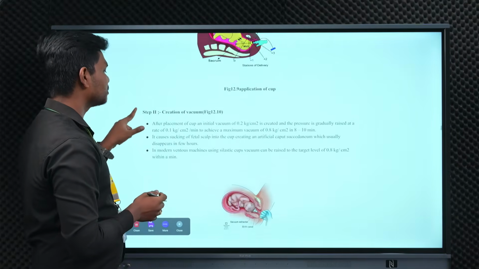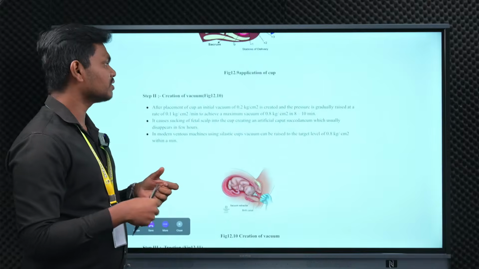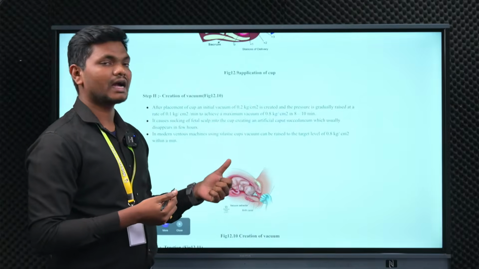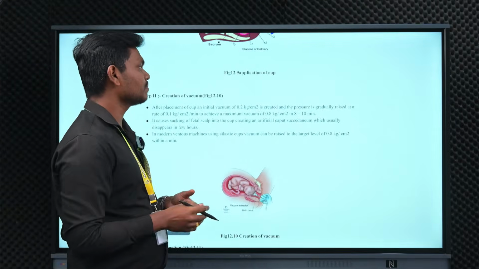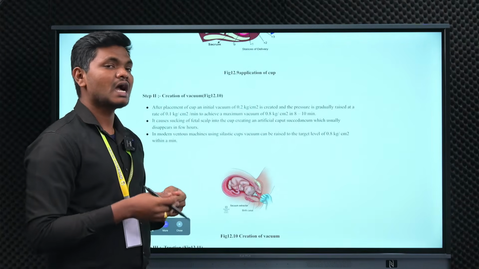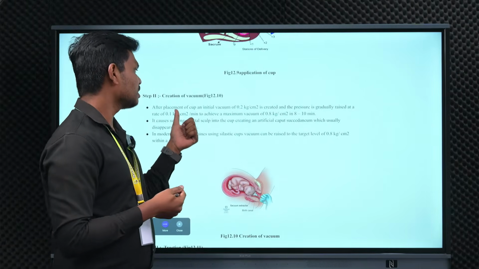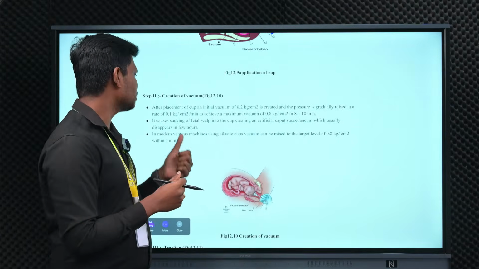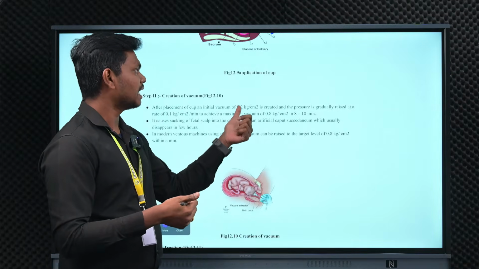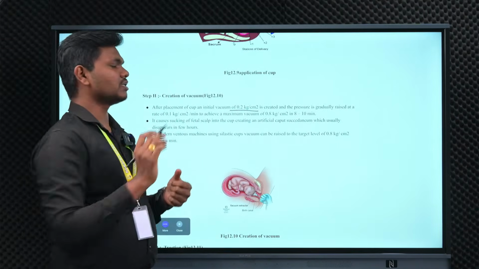The second step is creation of the vacuum. The machine is there, and in the machine we create the vacuum pressure. After placement of the cup, the initial vacuum is 0.2 kg per centimeter square. Then we gradually increase the vacuum by 0.1 kg per centimeter square every minute.